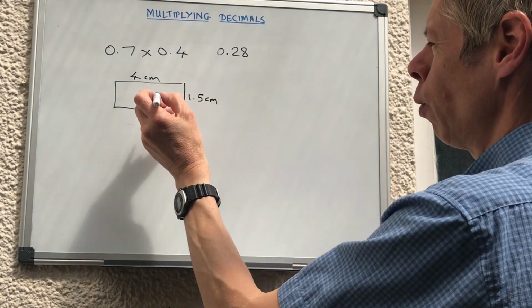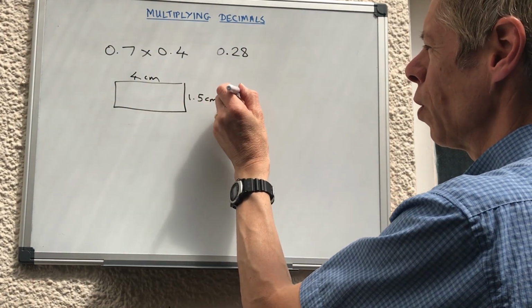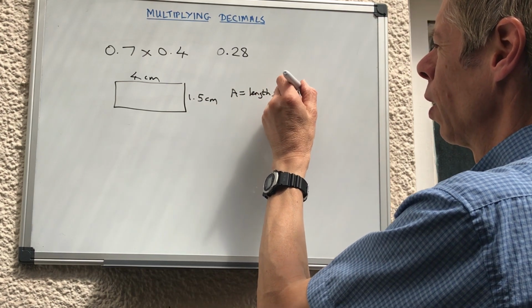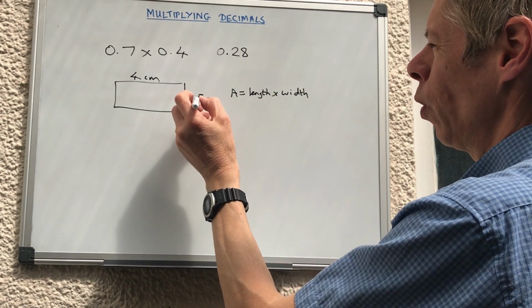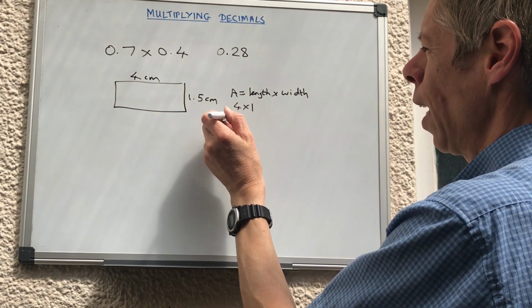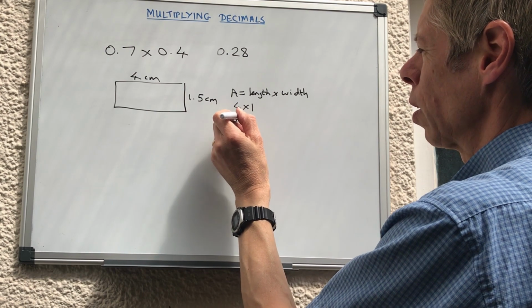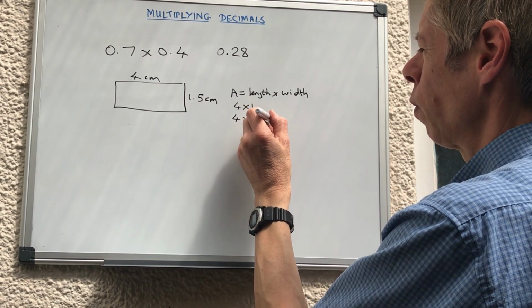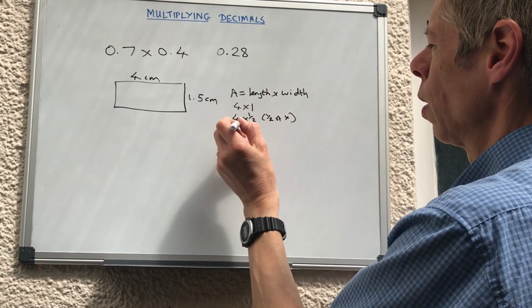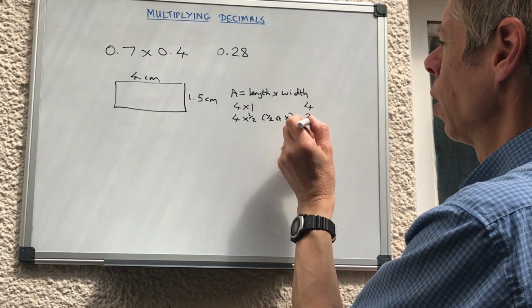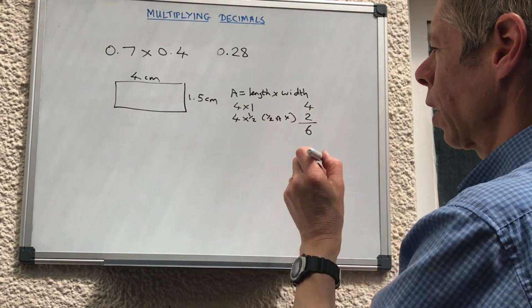If we're doing the area, which as you know is length times width, we can just say that it's 4 times 1 and then 4 times a half, which is the same as half of 4. So 4 times 1 is 4, half of 4 is 2, so that area would be 6.